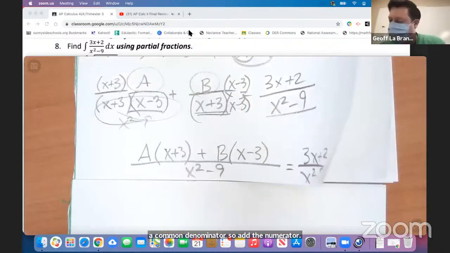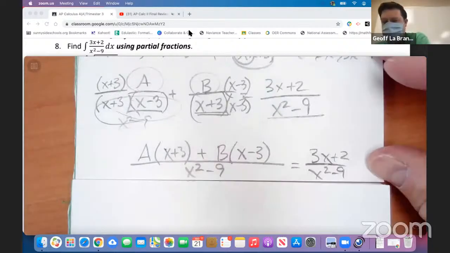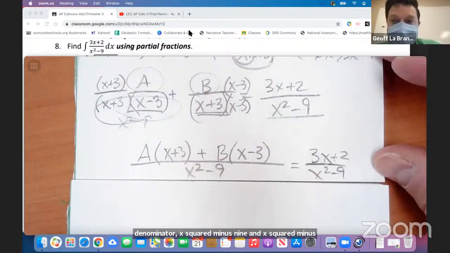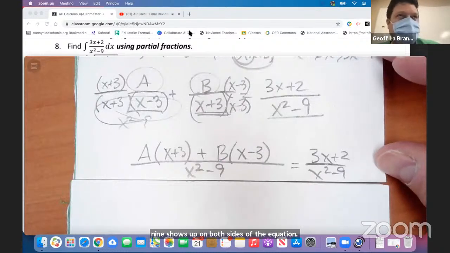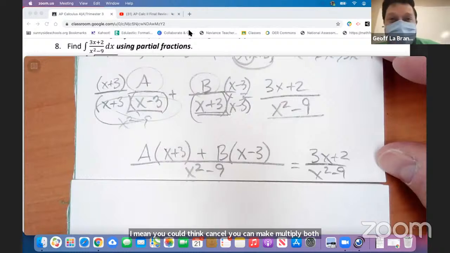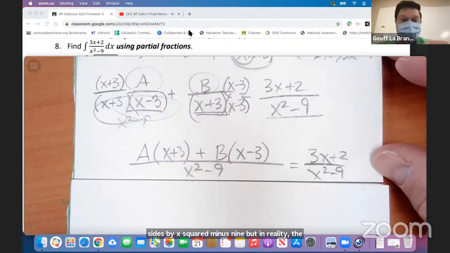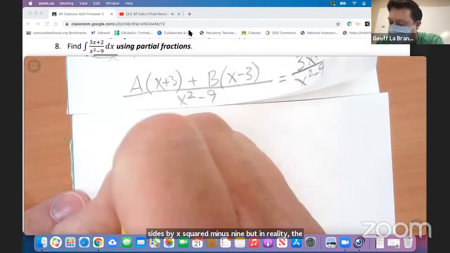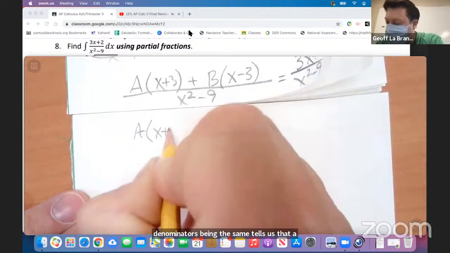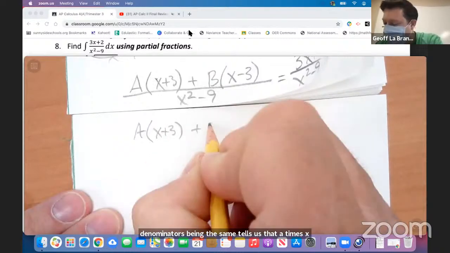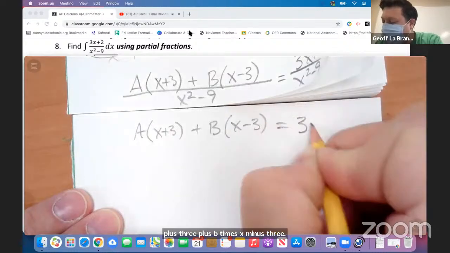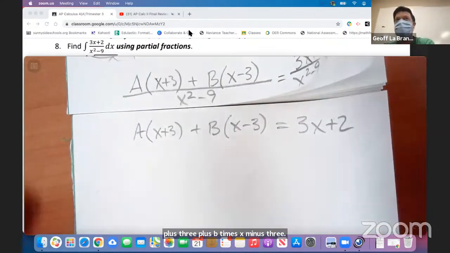And if x squared minus 9 shows up on both sides of the equation, you could think cancel, you can think multiply both sides by x squared minus 9, but in reality, the denominators being the same tells us that A times x plus 3 plus B times x minus 3 has to equal the 3x plus 2 value.